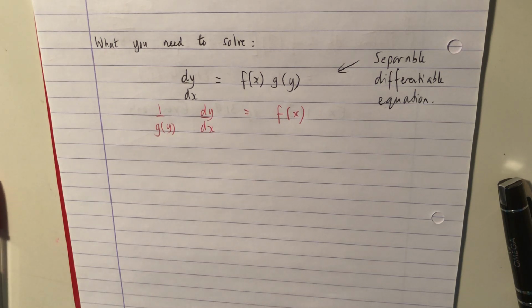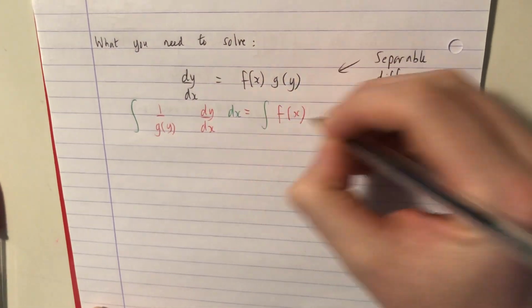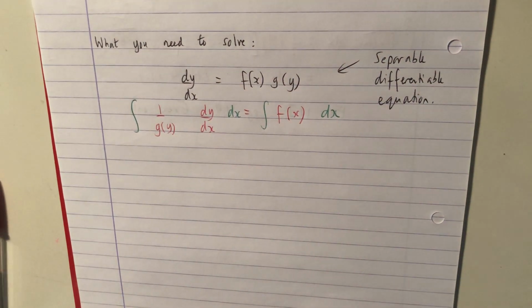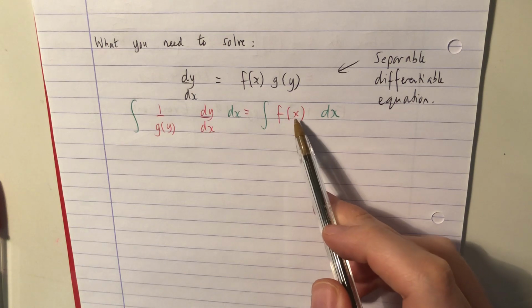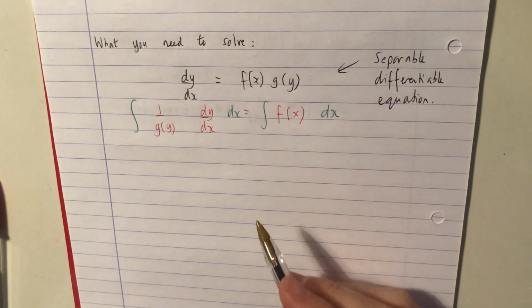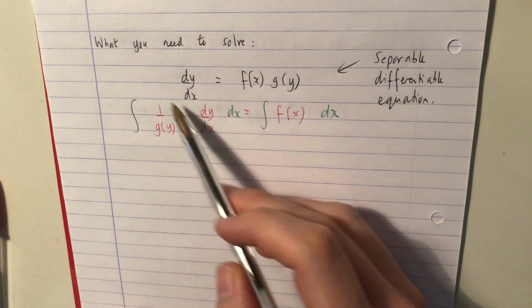And then you do something very clever. You integrate both sides with respect to x. Now let's see what that would do. This right hand side, integrate f of x with respect to x, that makes sense. This left hand side, maybe not so much, because you've got something to do with y's.